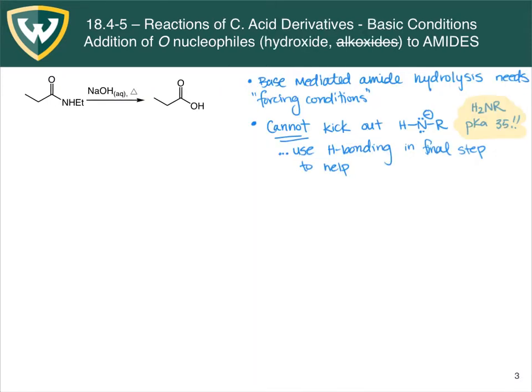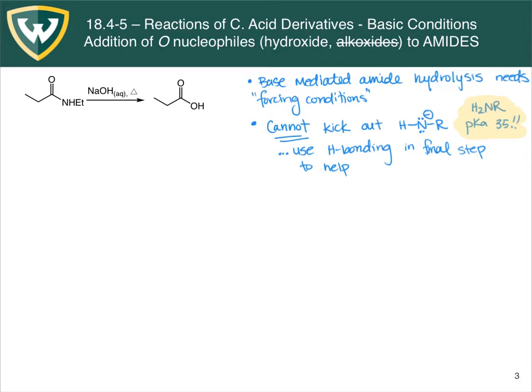Next, we're going to look at the base-mediated hydrolysis of amides. In these reactions, a couple of key things to note. Base-mediated amide hydrolysis needs forcing conditions, which means that we're using a lot of heat and a strong hydroxide nucleophile.